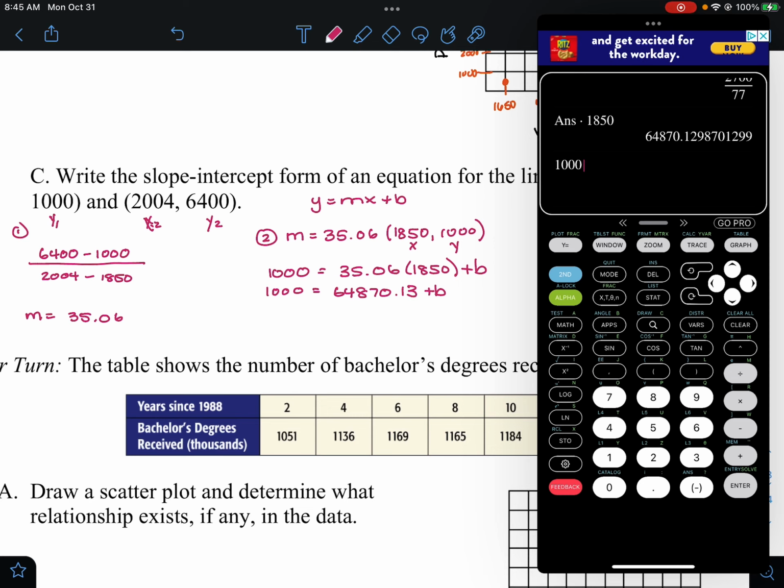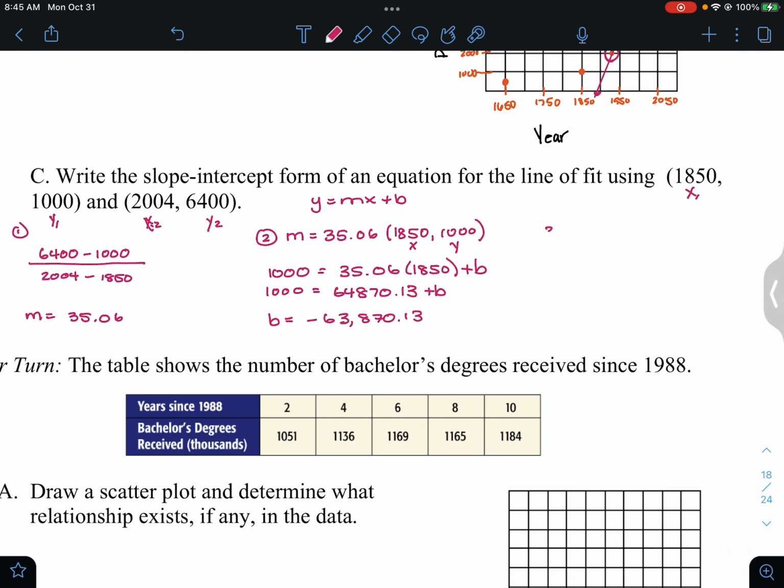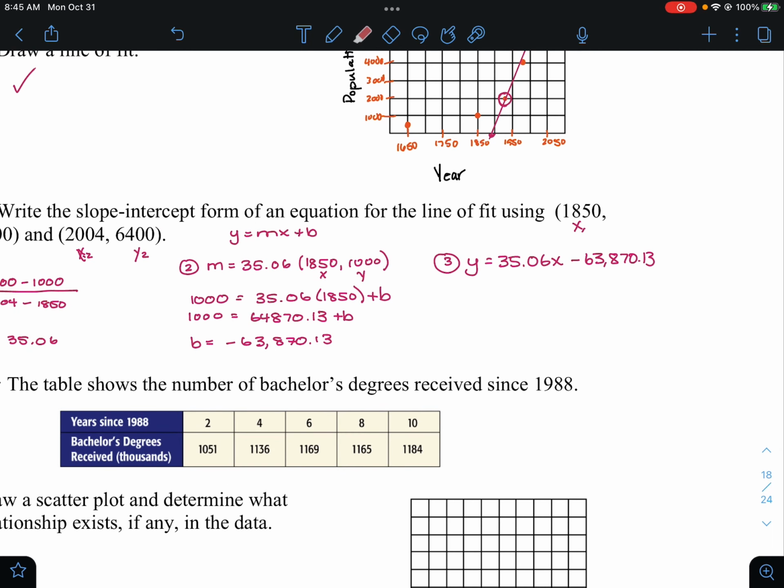I'm going to take 1,000 minus that answer. So B is negative 63,870.13. So then our final equation is y equals 35.06x minus 63,870.13.